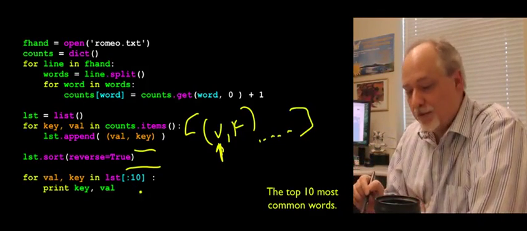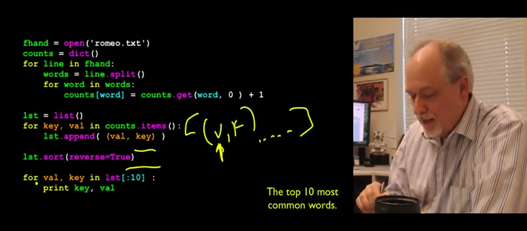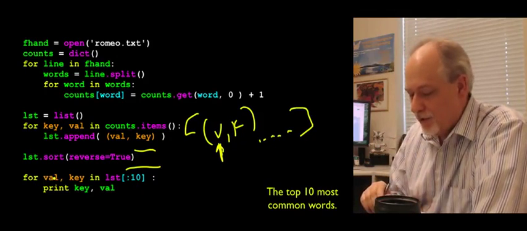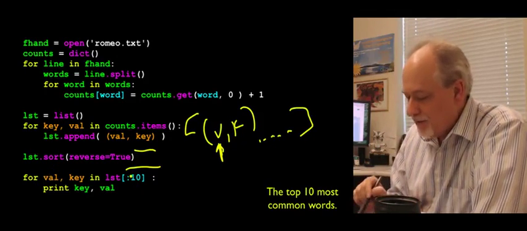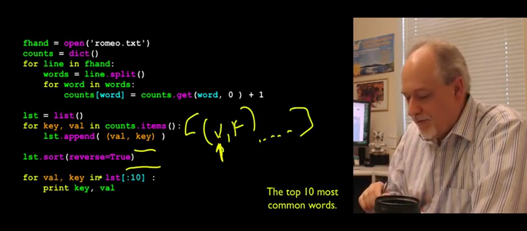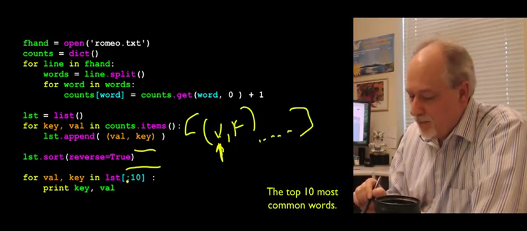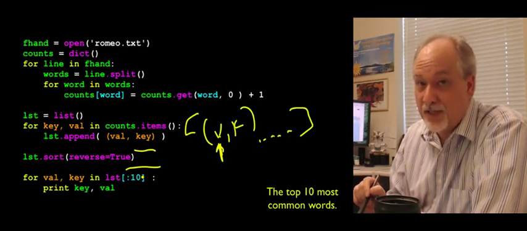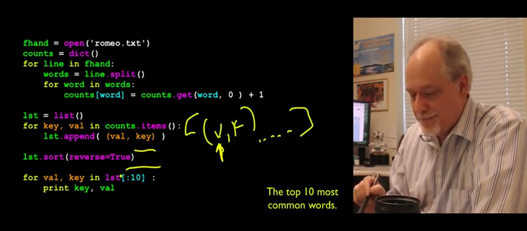And now what I'm going to do to print out the top 10 is write a for loop, val, key. Remember, this list, lst, is value key. And I'm going to say for val, key in the list, using list slicing, starting at 0, up to but not including 10, which is indeed the first 10 items.